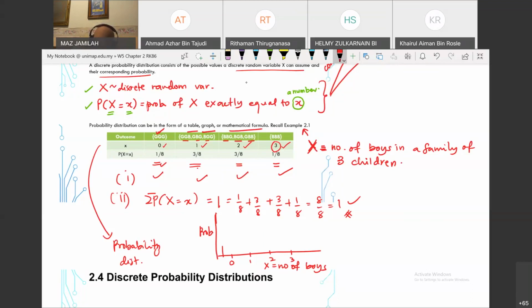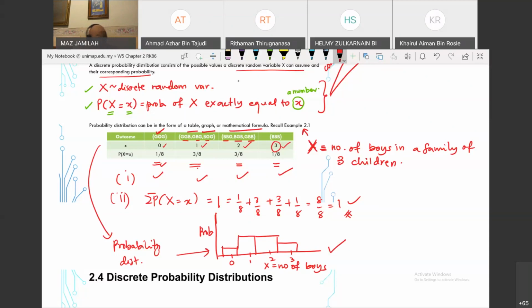For 1 boy, you will have 3 over 8. Two boys also 3 over 8. For 3 boys, it's only 1 over 8. So you can see that the probability distribution for this particular experiment looks like this if you were to draw it using a histogram. This is what we call a probability distribution.